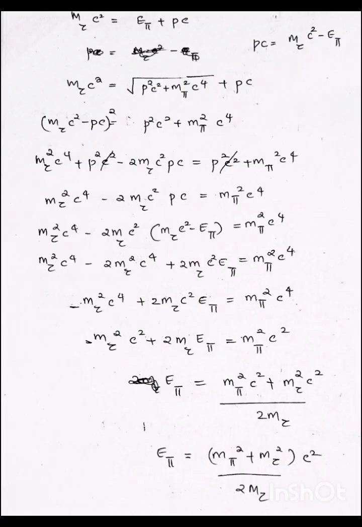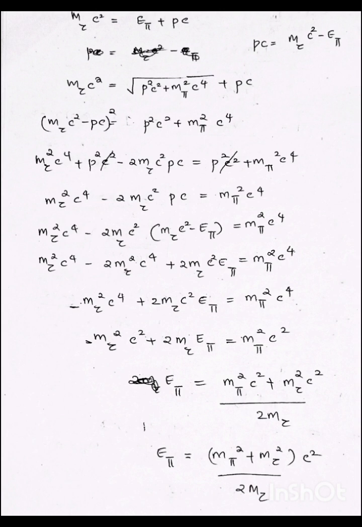That is m tau square c raised to 4 minus 2 m tau c square into (m tau c square minus E pi) is equal to m pi square c raised to 4. That is m tau square c raised to 4 minus 2 m tau square c raised to 4 plus 2 m tau c square E pi is equal to m pi square c raised to 4.